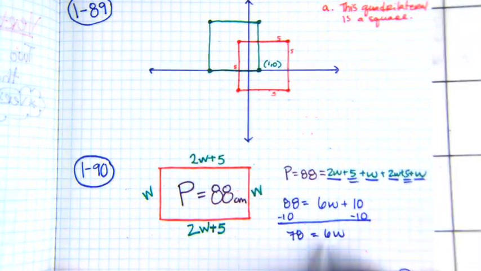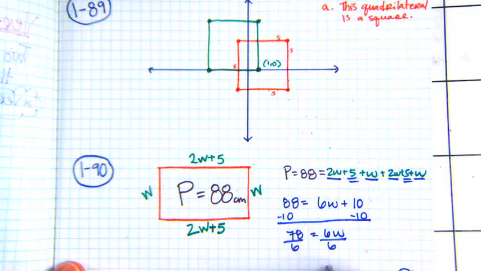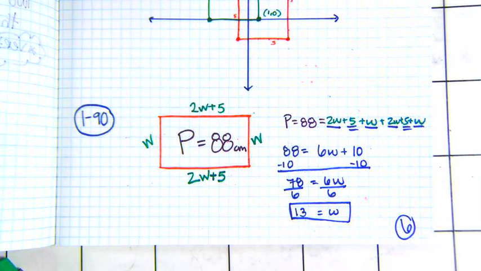To solve that, we're going to divide by 6, because that says 6 times w. That'll mean w equals 13. Now, if you got to that point, that is not the complete answer, because in the problem it says, write your solution as a sentence. You must answer the problem like it says to.